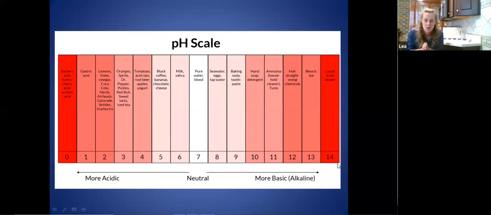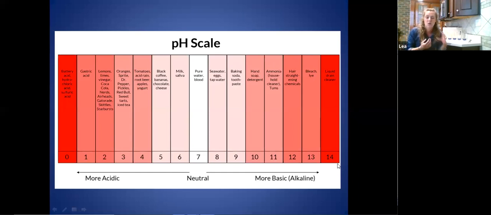So that is neutral. As we go towards our acidic side, some things you may already be familiar with are lemons and limes, oranges, things that are citrus, which have citric acid in them. We have vinegar, so pickles and things like that are acidic. We have sodas, we have sour candies.